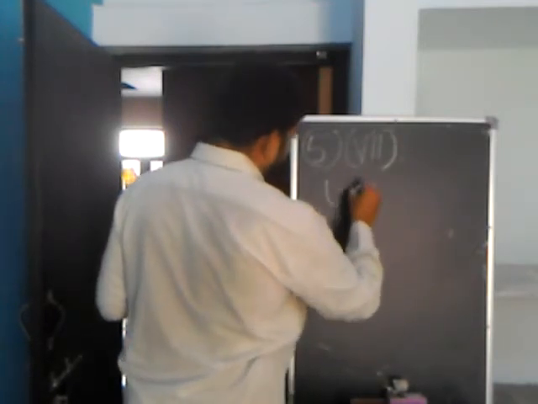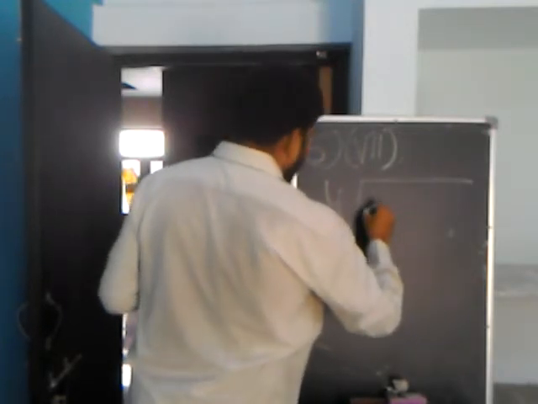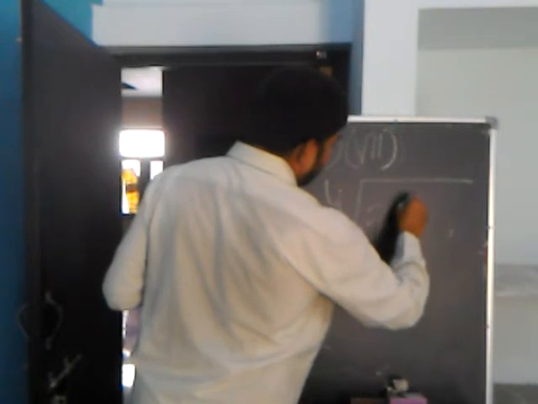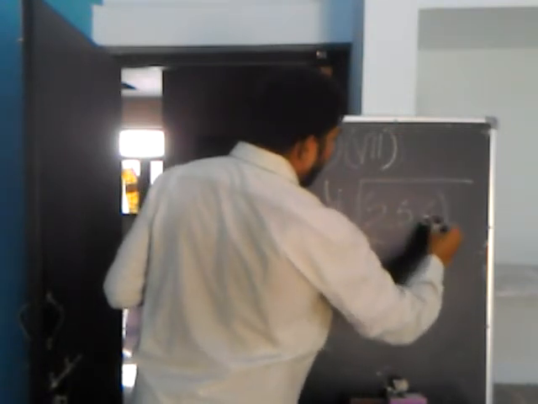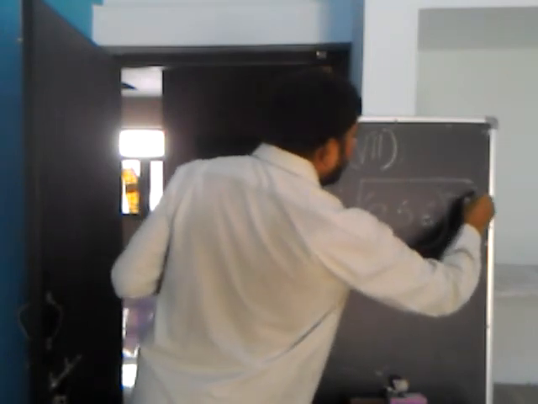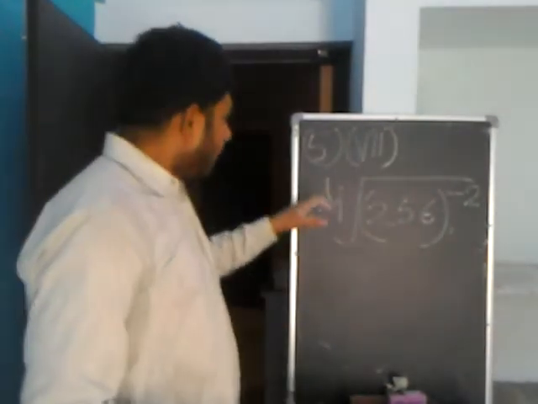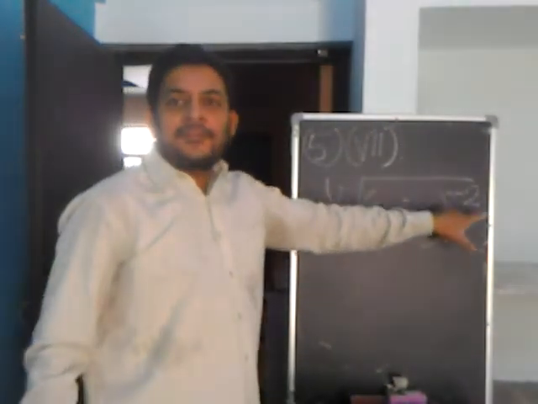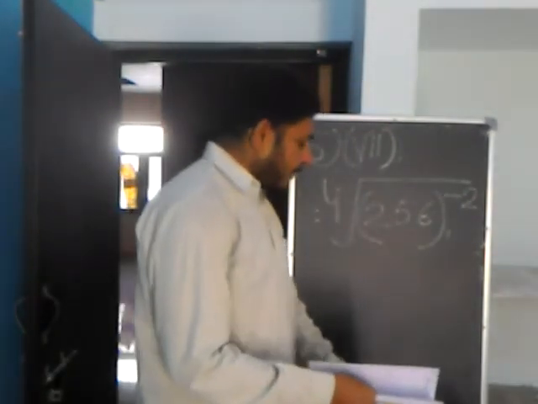Fourth root of 256, and out of this power is minus 2. Fourth root of 256, power is minus 2. Let us start solving it.